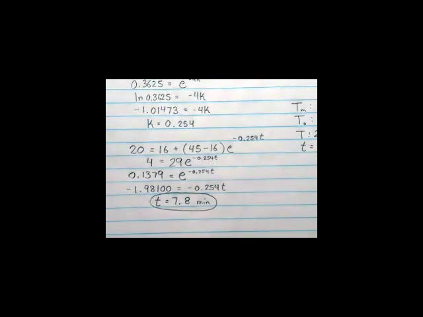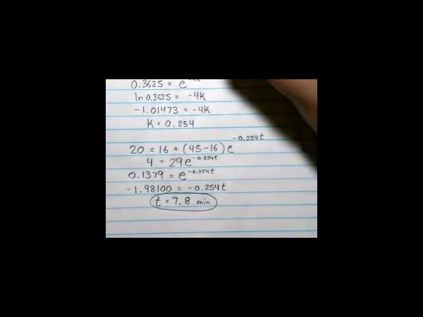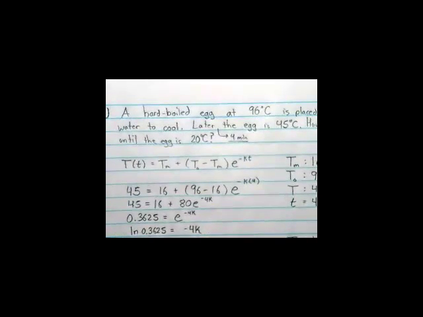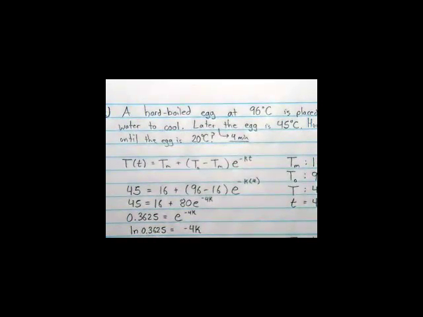Okay, so now you have to be careful about how the question is worded here. Our original question: how long until the egg is at 20 degrees Celsius? Well, if you wanted to know how much longer it is after it's at 45 degrees, your answer is 7.8 minutes.